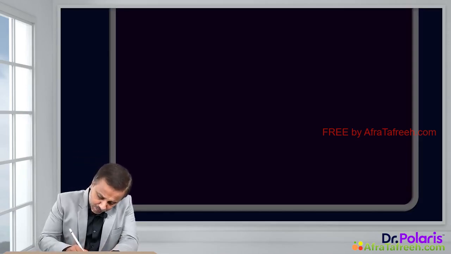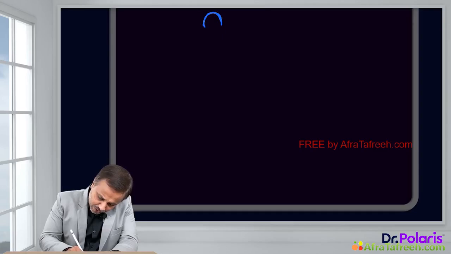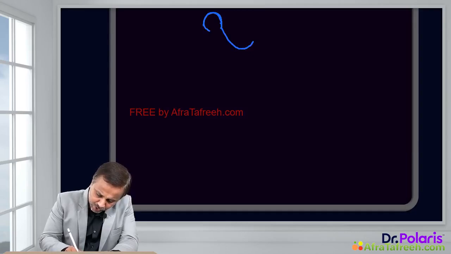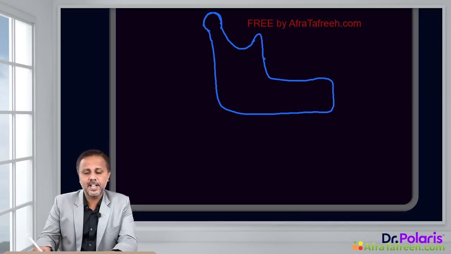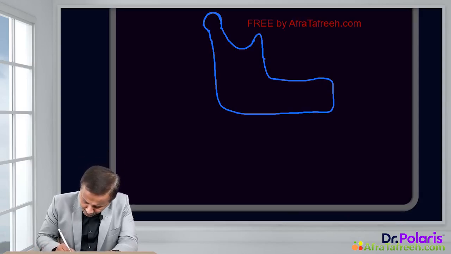Now what we'll do is, we'll draw the outline of the digastric triangle. This is the condylar process of the mandible. This is the digastric or the mandibular notch, the coronoid process, the ramus of the mandible, the angle, and then we have the body of the mandible. Lower down, let's say we have the hyoid bone.